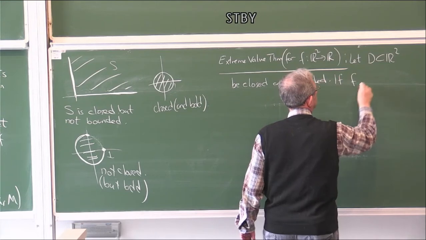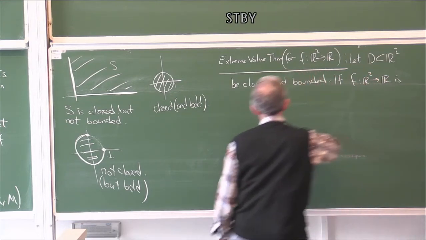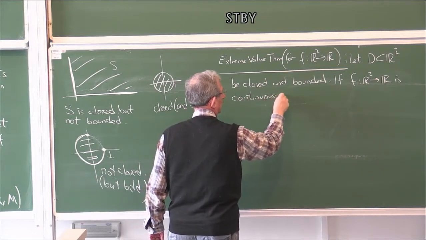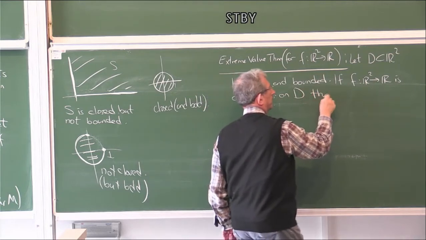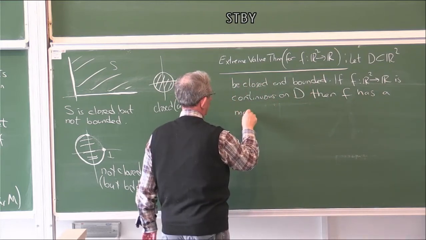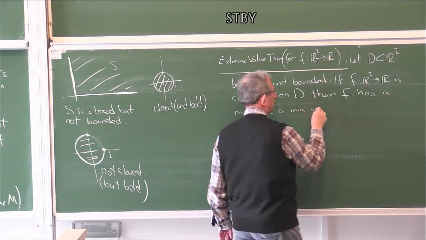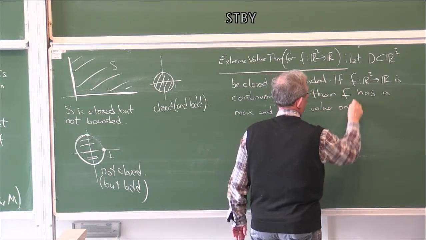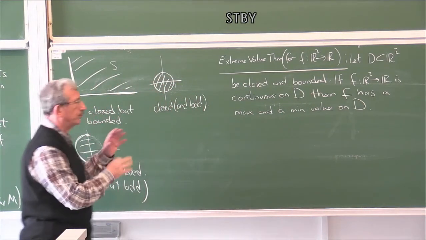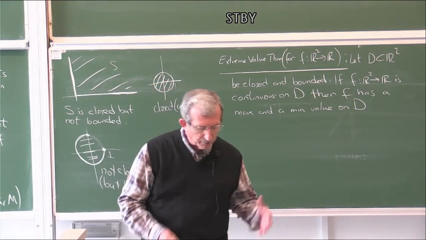If f is continuous on D, then f has a maximum and a minimum value on D. We will resort to this in many cases. We will refer to it and use this theorem.